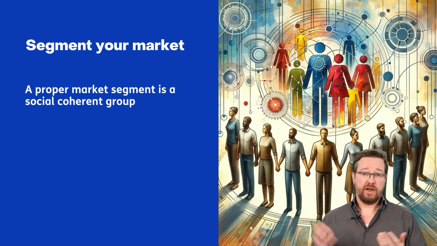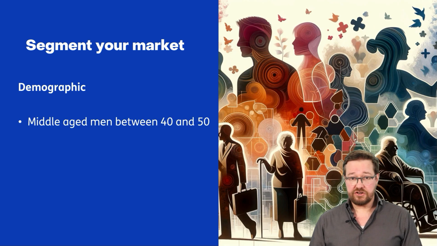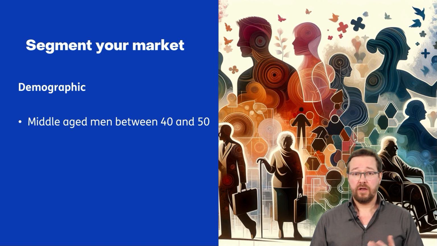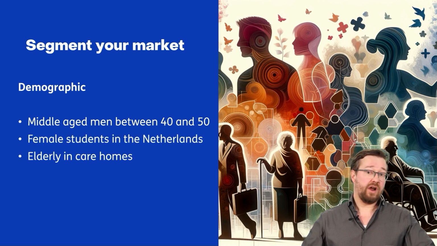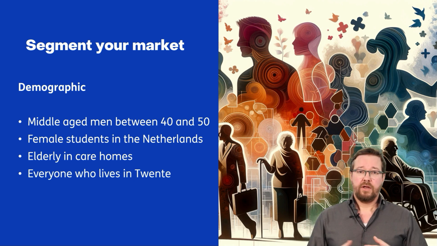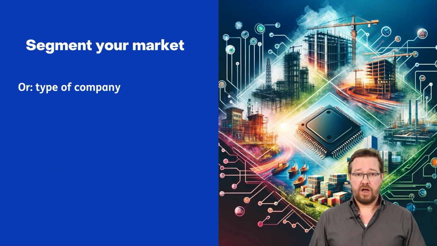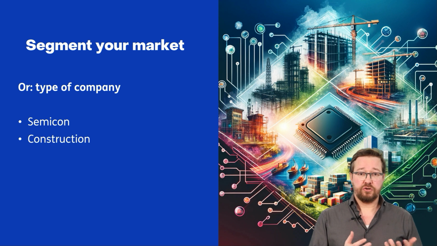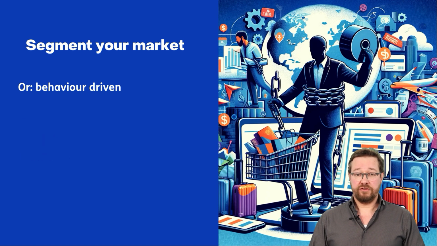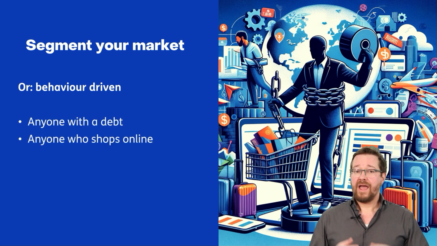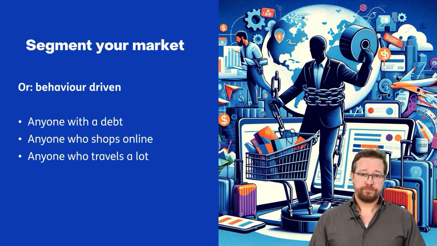This can be a demographic like middle-aged men between 40 and 50, female students in the Netherlands, elderly in care homes, or everyone who lives in Twente. It can be a type of company like semicon, construction, or even startups. It could also be behavioral driven, like anyone with a debt, anyone who shops online, anyone who travels a lot.